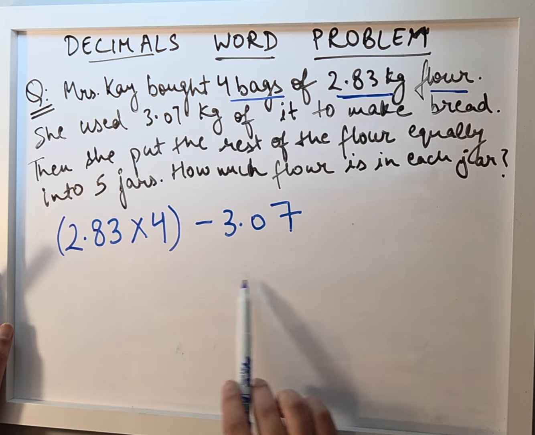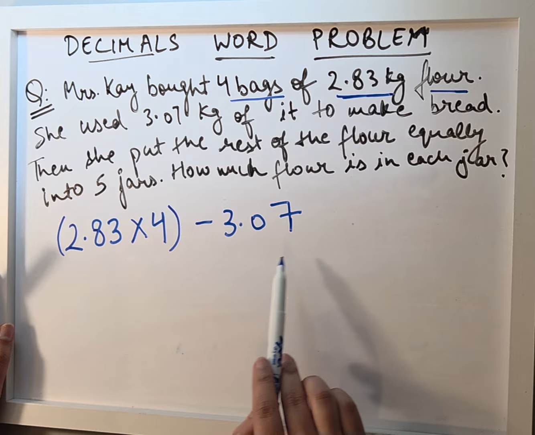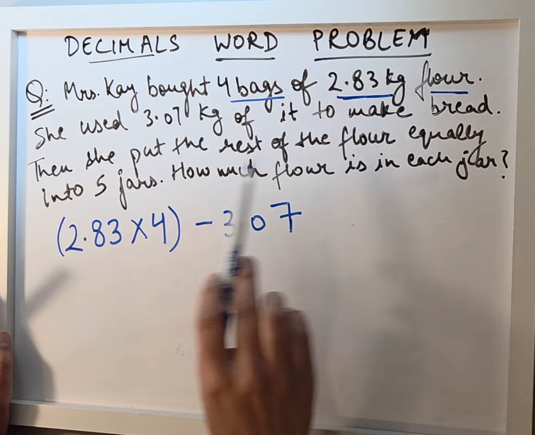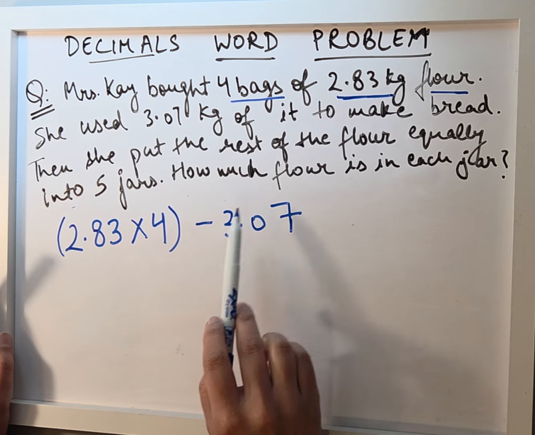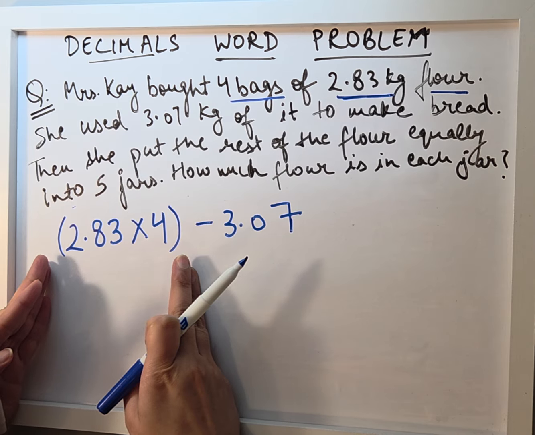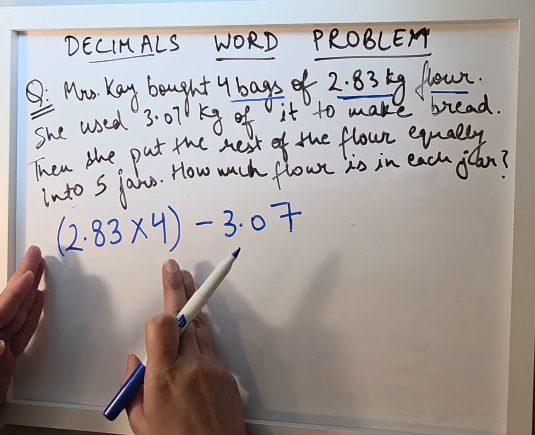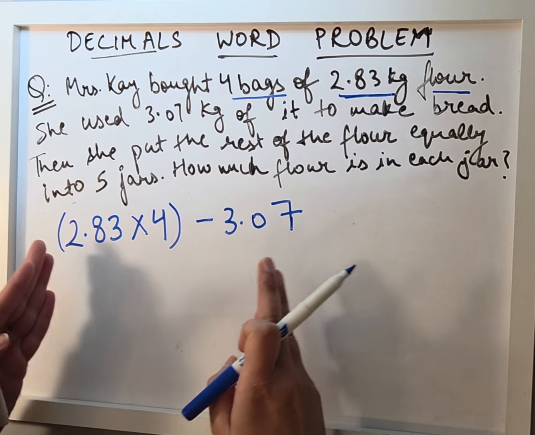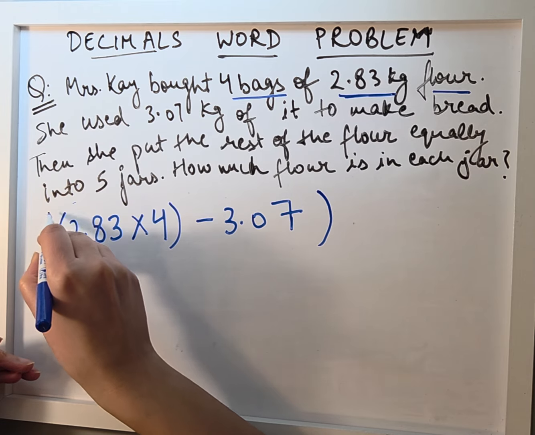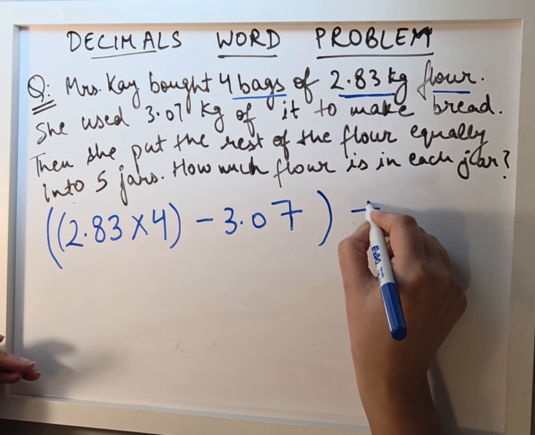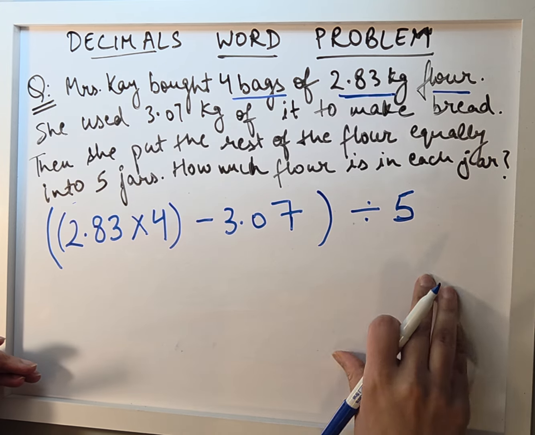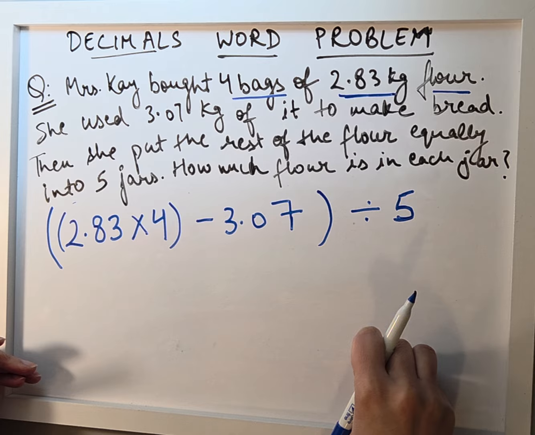So this is the rest of the flour that we have. Okay. This quantity, she divides equally into 5 jars. Okay. So this was our whole flour, 2.83 into 4. Then out of this, she used 3.07. So this is what is left with her. Okay. So this she then divides into 5 equal jars. So we have to find how much is in each jar.